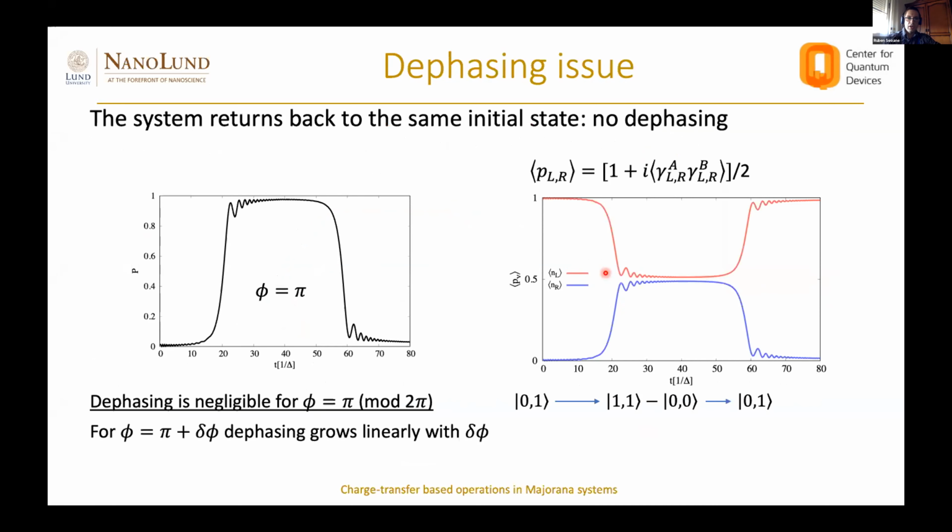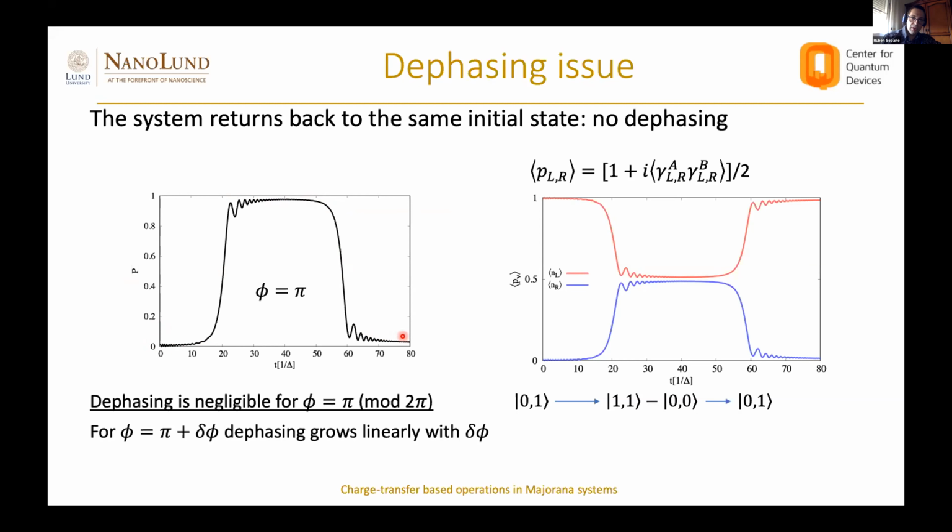And this is actually represented here. On the left, I show the parity change as a function of the time. First, we ramp up the level, so the electron is transferred to the Majoranas. So the probability goes from 0 to 1, and then it goes from 1 to 0 when the level is ramped down.